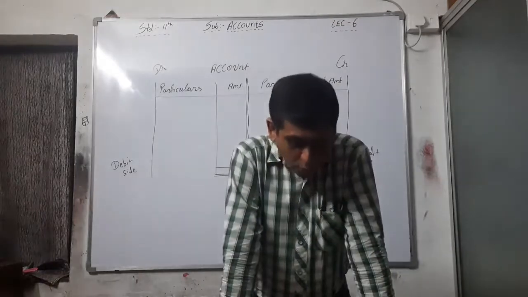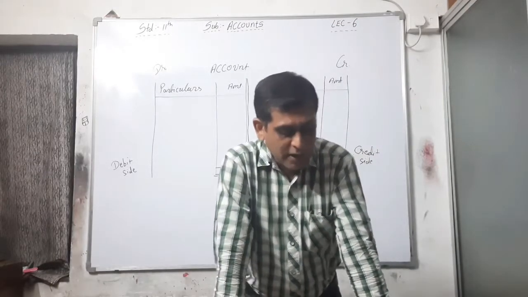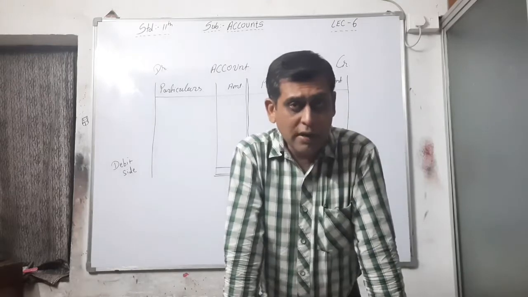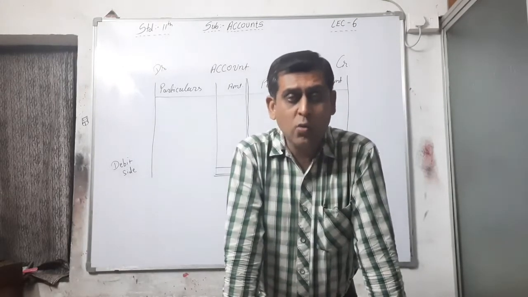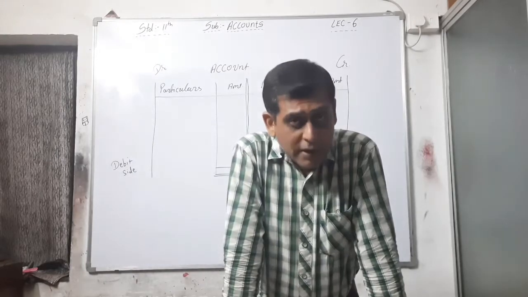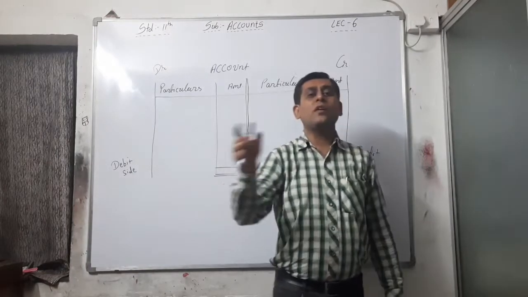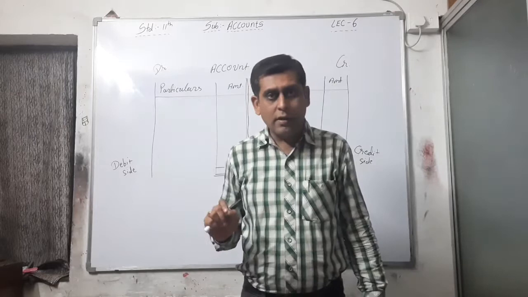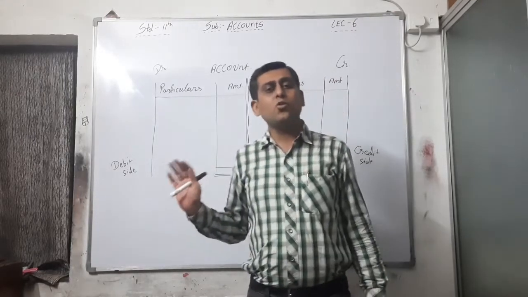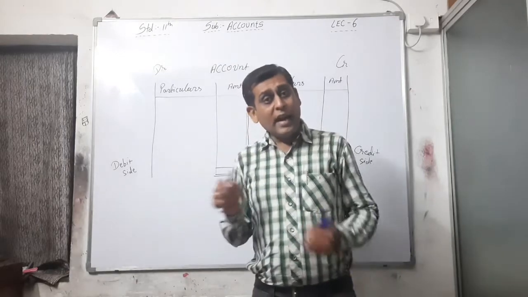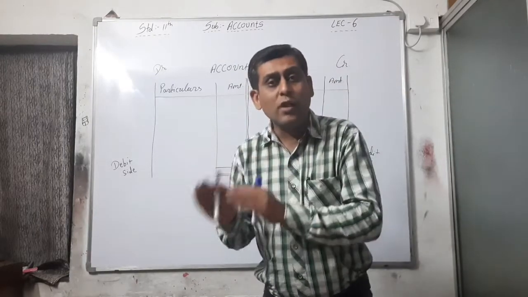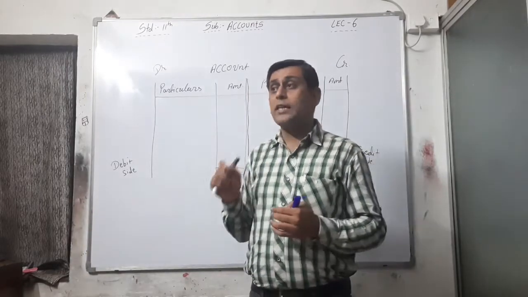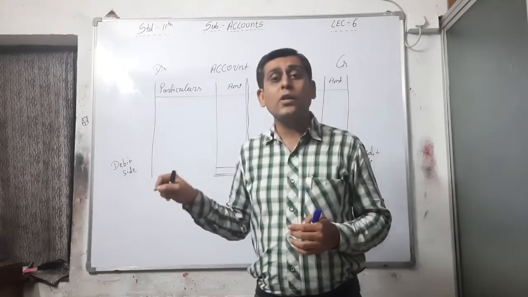In other words, whatever benefit is received, see, it is not given in the textbook, write this down: whenever you are receiving a benefit, it is debited, and whenever you are giving a benefit, it is credited. See, I am paying a salary of 5,000 to my business worker. In consideration of this 5,000, I am receiving one month of service from that worker.